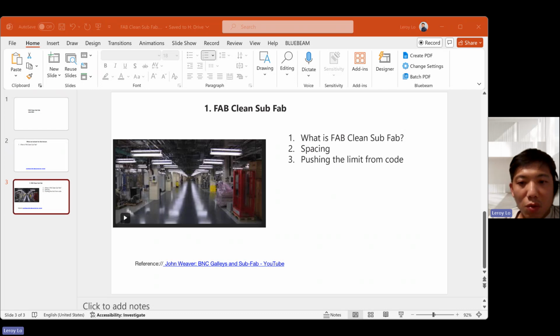So that is the moving path. That is a big consideration in the sub-fab. The same concept applies to the fab floor as well.